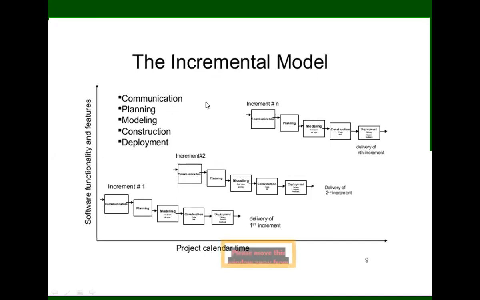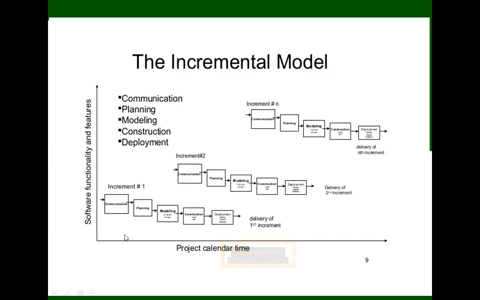First, we have to communicate with the customer. Then we take the requirements of the customer. Then we move to the planning. So one programmer is communicating with the customer and doing the planning. Then another programmer communicates with the customer and does another module.